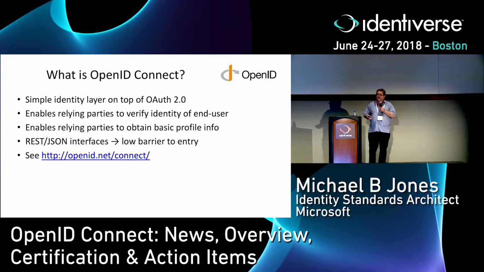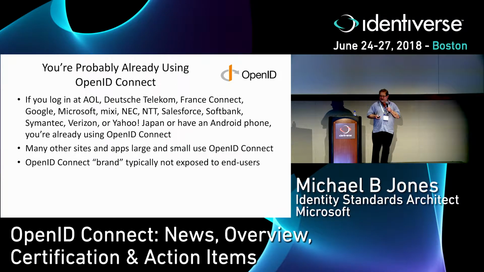OpenID Connect is a simple identity layer built on top of OAuth 2.0 that enables relying parties to verify the identity of the user and to get basic profile information about the person. And unlike SAML, which came before it, it's not built using XML and SOAP. It's using REST and JSON interfaces. And you can read about the standard there.